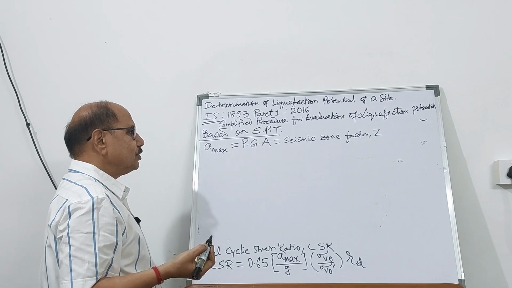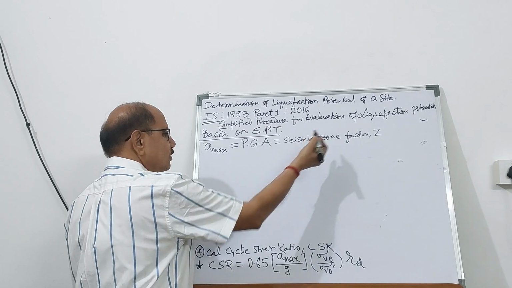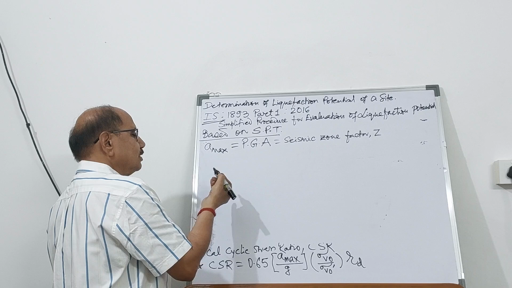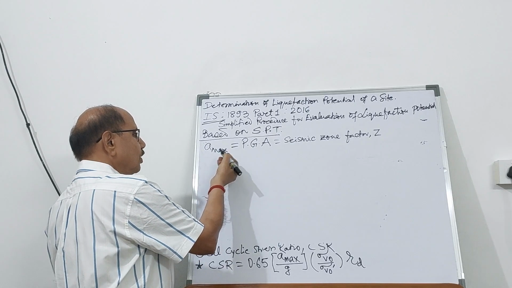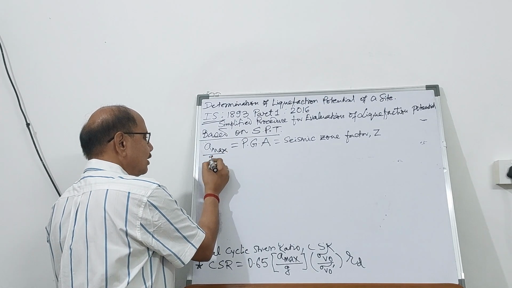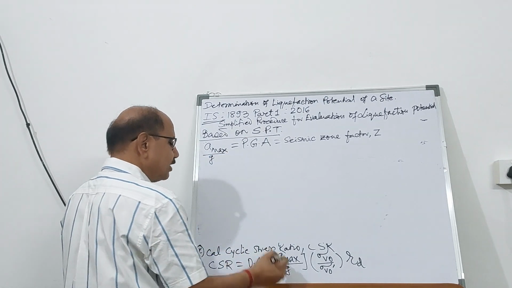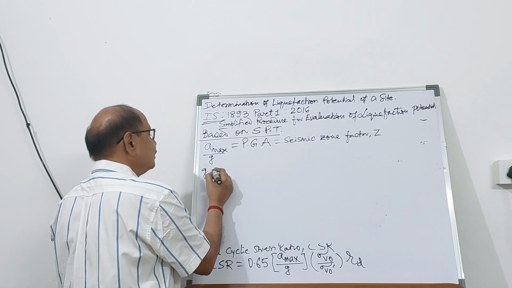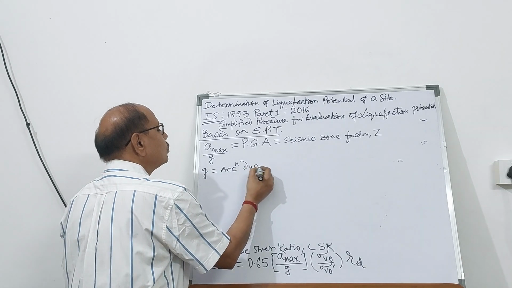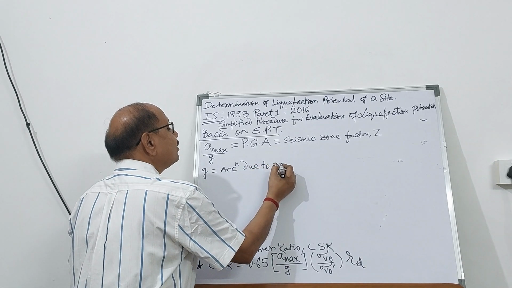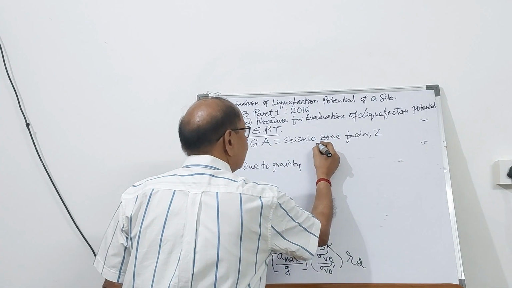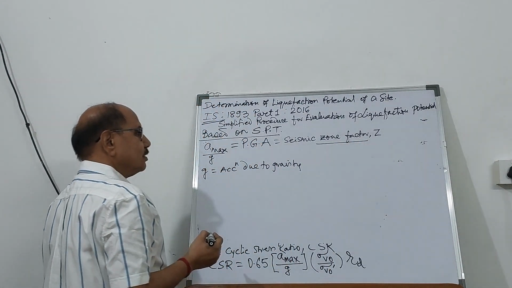In different zones you have got different zone factors, and if A max by G is not given to you, G is the acceleration due to gravity, then you can find out the zone factor.